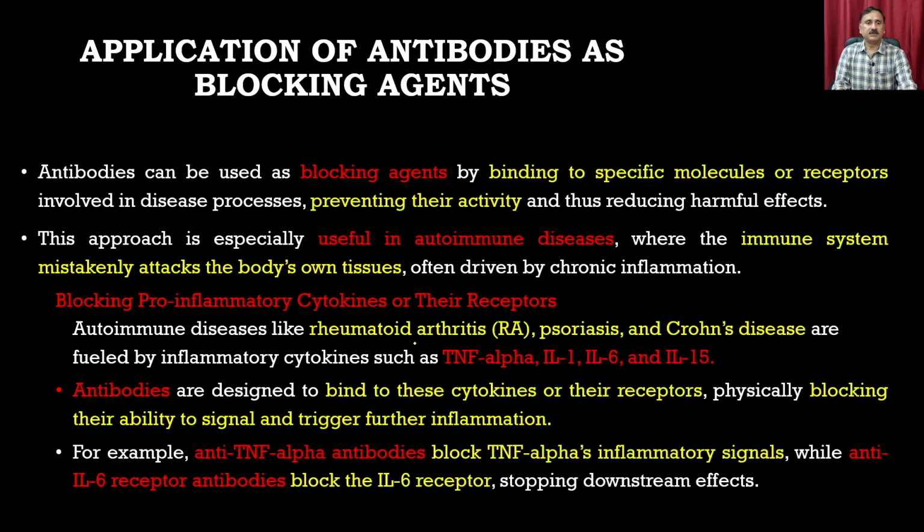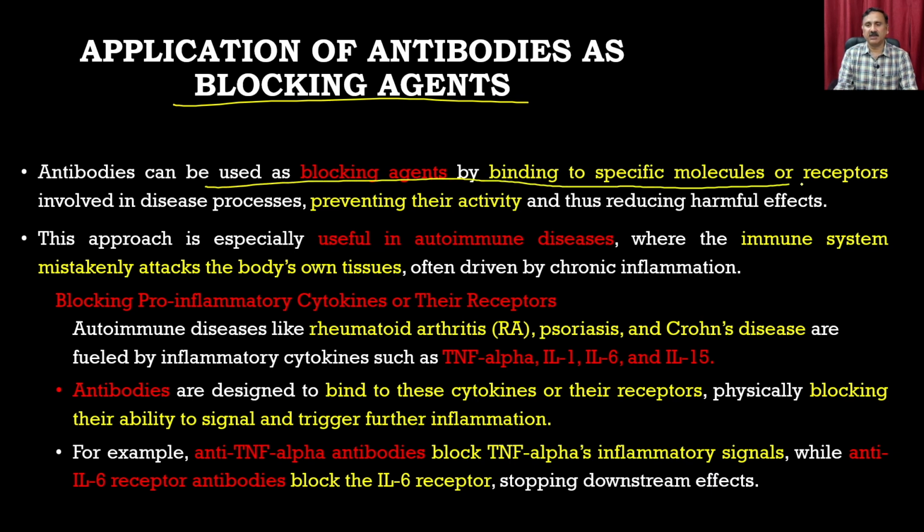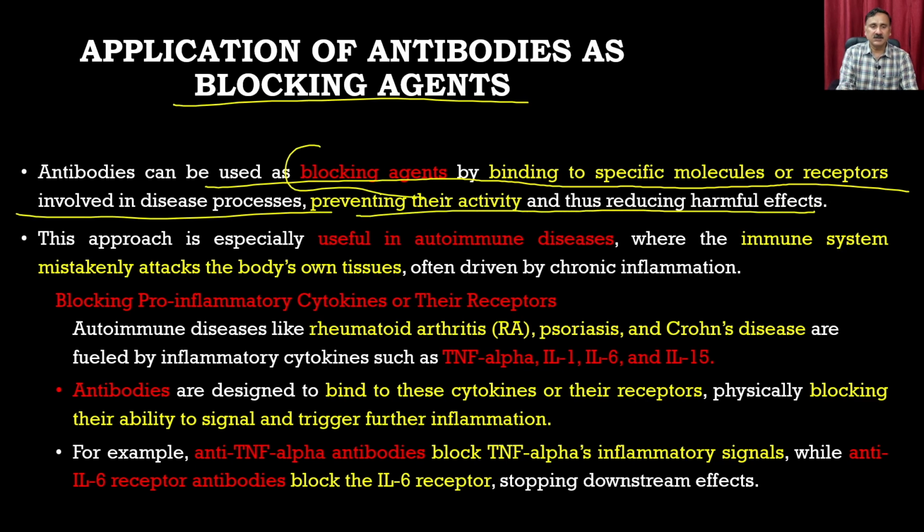Then we can also use the antibody as a blocking agent, right? An antibody can be used as a blocking agent by binding to a specific molecule or receptor involved in a disease process, preventing its activity and thus reducing the harmful effects. When you use the blocking agent, it can take care of allergies, and any kind of receptor that has been involved in different pathological outcomes.